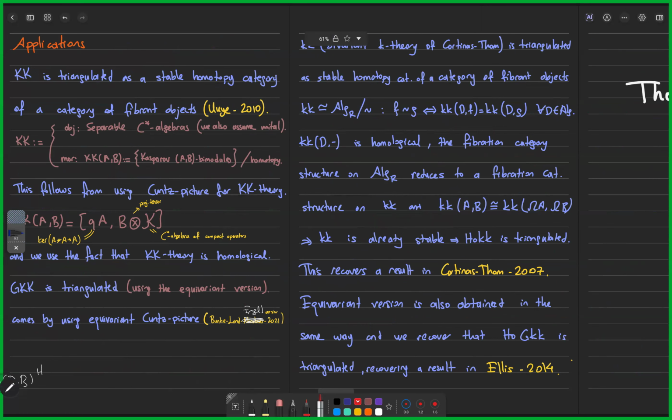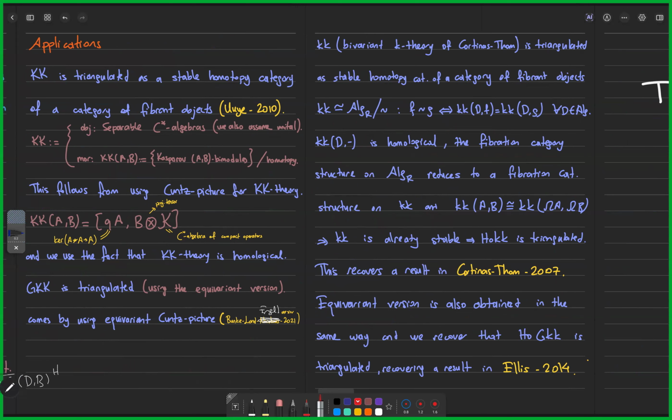And by using the prefibration category structure on algebras, we can also show that the small kk is a triangulated category obtained from the small stable homotopy category of a category of fibration objects. Here, small kk is the bivariant algebraic K theory, defined in the 2007 paper by Cortinas and Thom.